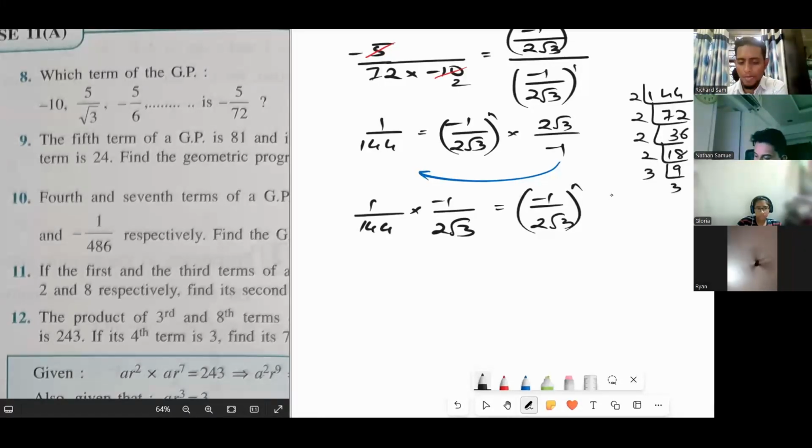So on the numerator we have minus 1. In the denominator we'll have, wait, what do we do here? Or if you just multiply 144 into 2, that will be 288 root 3.